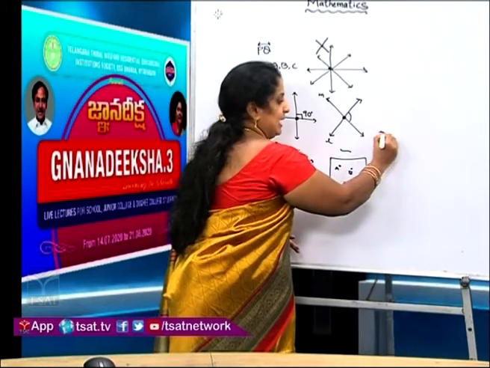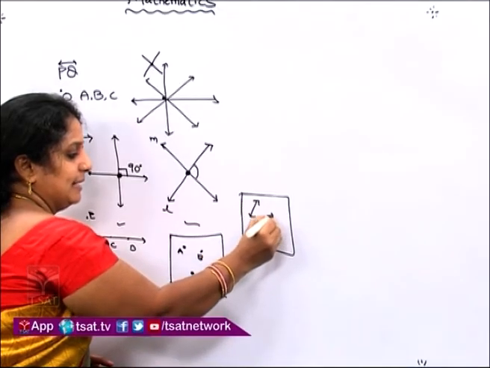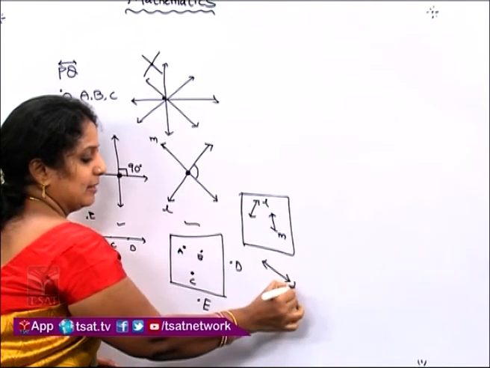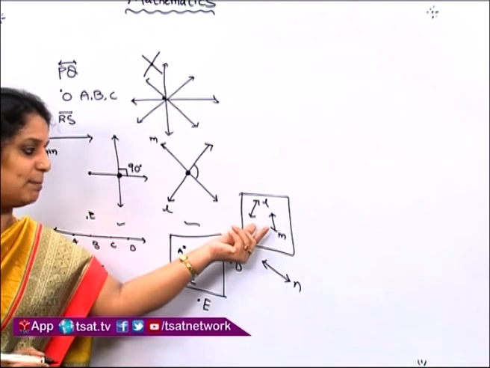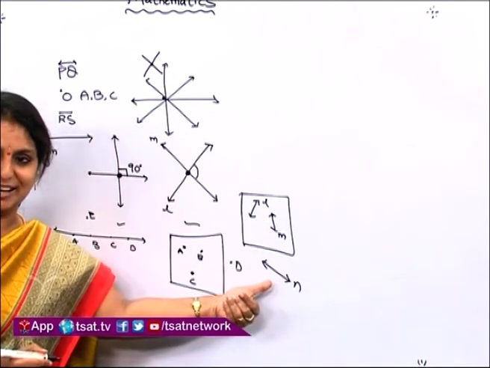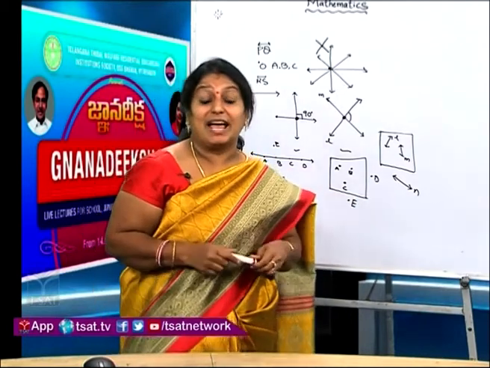Similarly, if I take lines, line L, line M, line N, lines which belong to the same plane are called coplanar lines, and a line outside the plane is called a non-coplanar line. A good example is our agricultural field.